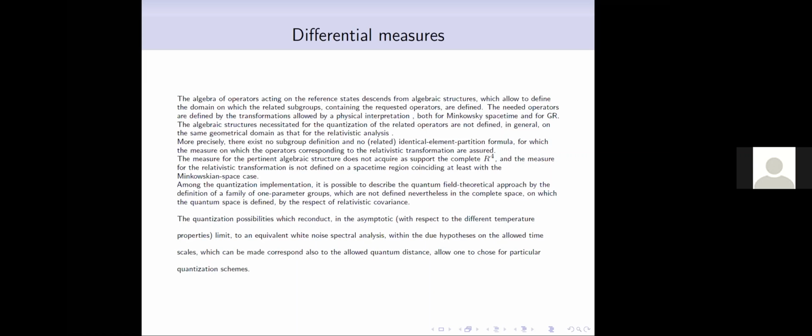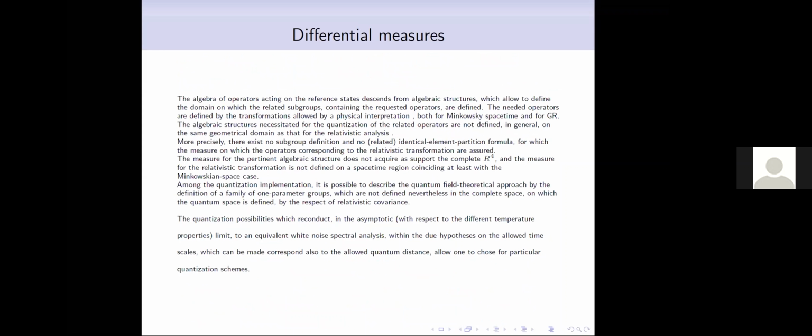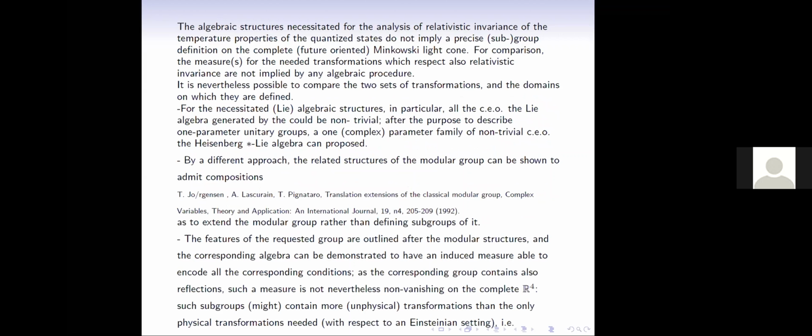And among the possible implementations of the quantization, it's necessary to specify what kind of gravitational background is considered, and in particular if Einsteinian gravity is considered, or other kinds of gravitational systems.